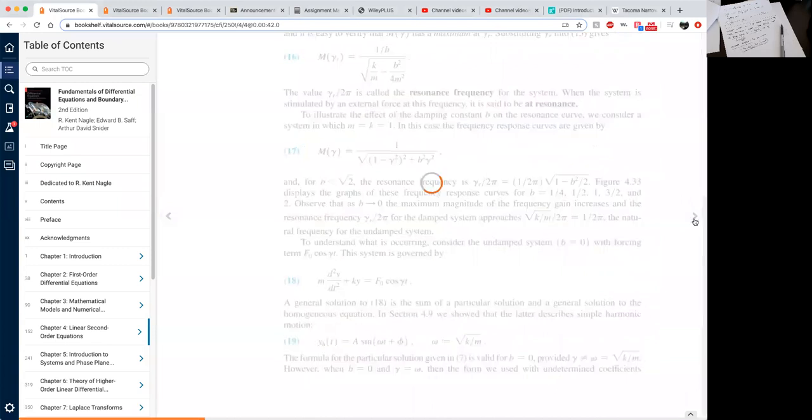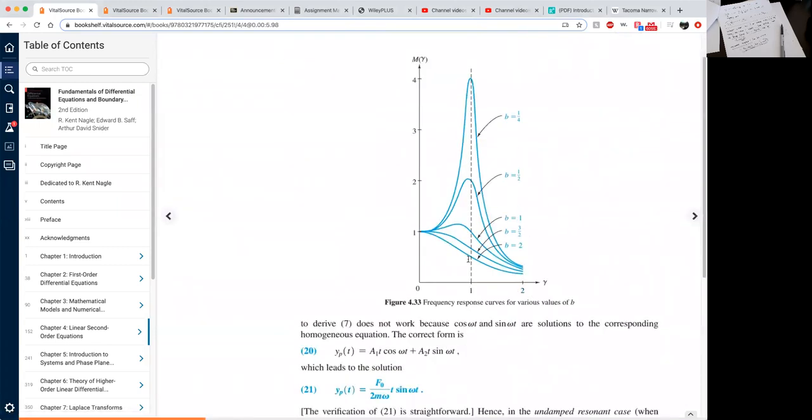So look at the graph here. This is a figure of the frequency response curves. A frequency response curve is nothing but a graph of the frequency gain, M of gamma, for various values of b. Here we assume that the stiffness and the mass equal 1.